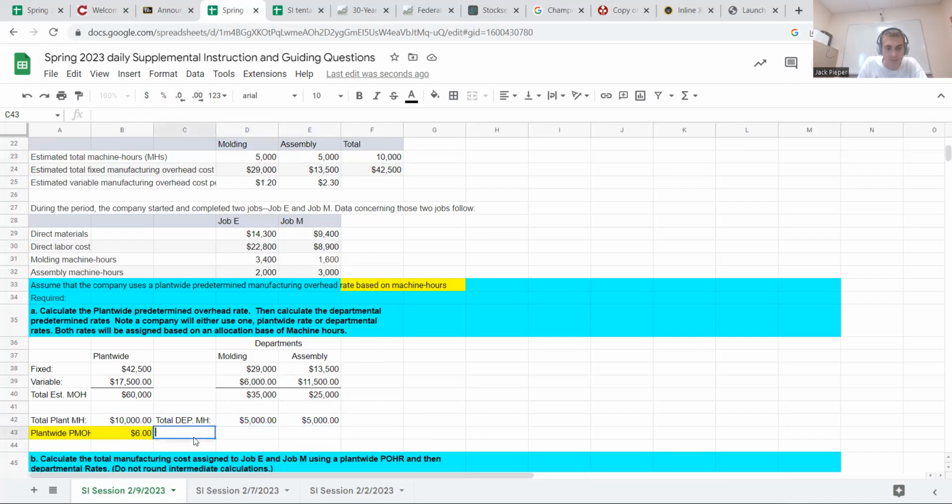And so I'll do department predetermined overhead or manufacturing overhead there. Okay, now I will simply take this and divide the two. Cool, 25,000 divided by 5,000 equals $5. So I will make these dollars so it's easy to see.